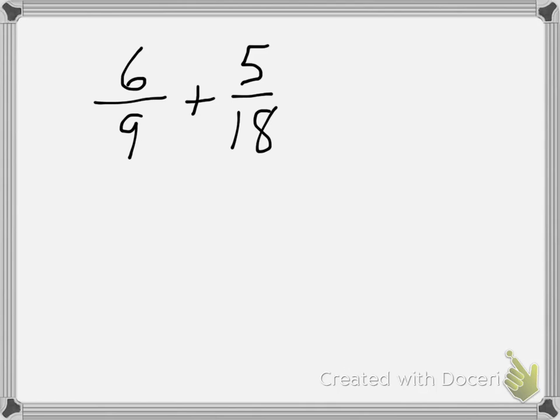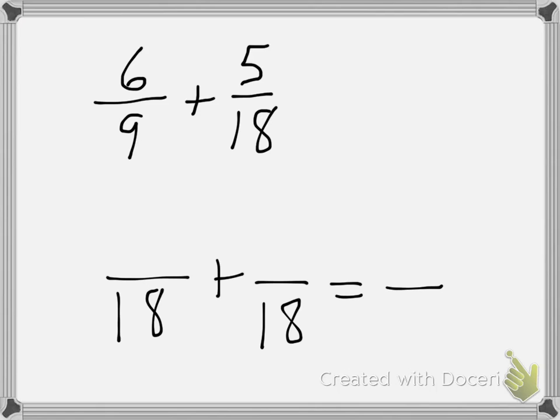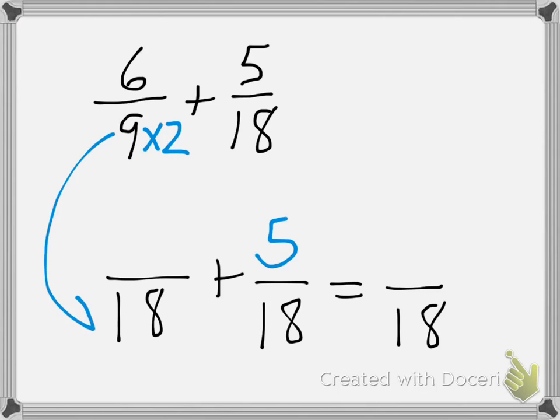For the next one, here we're adding, so once again, the same concept. We must have a common denominator, in this case, 18. And we can actually always put our answer here because the denominator is not going to change. So, here, 5/18 remains 5/18. 9 times 2 equals 18, so 6 times 2 equals 12.